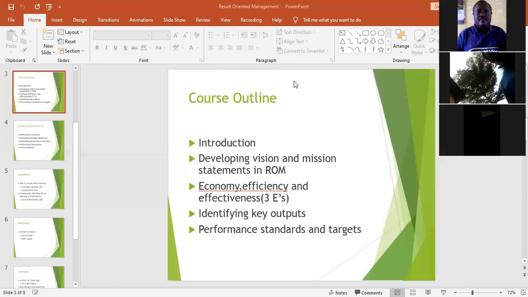This one means management culture focused on results. Where management, as a result of ROM, challenges every management to focus on results, achieve results, to make sure that things are being done, to make things happen. This is what ROM is all about.